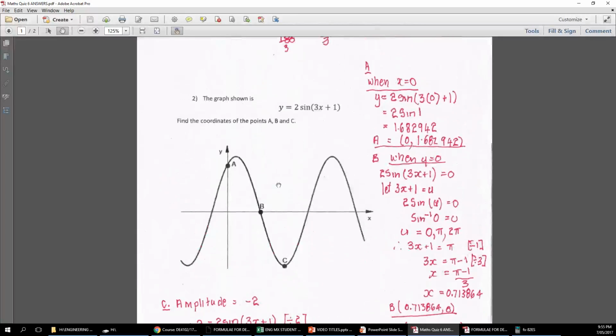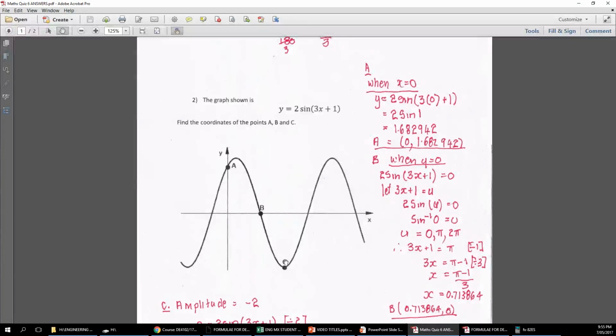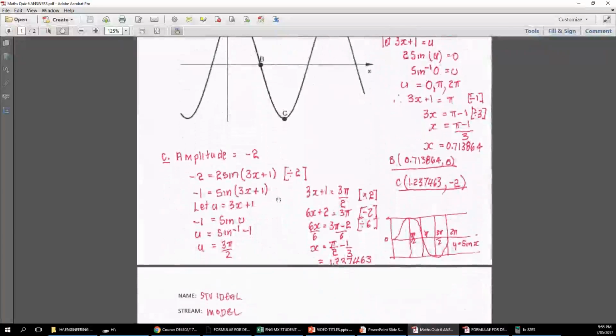So we can take the equation of the graph, y equals -2, and we can use that to find out where x is. So we've got -2. The first thing we do is divide through by 2, and we get -1 equals sine of (3x plus 1). Once again I use this mechanism where I let u equal what's in the brackets there.